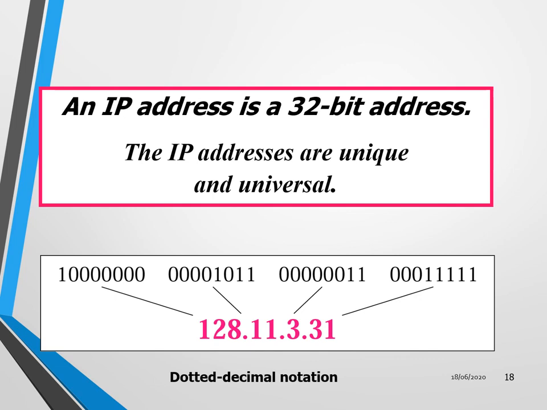You can see on the screen that there is a dotted decimal notation and a binary notation as well. Again I am telling you the trick for how to calculate: 1, 2, 4, 8, 16, 32, 64 and 128. Wherever there are ones, we add the numbers written above them: 1, 2, 4, 8, 16. When we add, the answer comes to 31. So this is the binary notation and this is the equivalent dotted decimal notation.